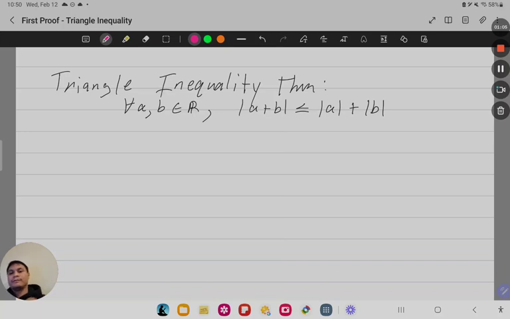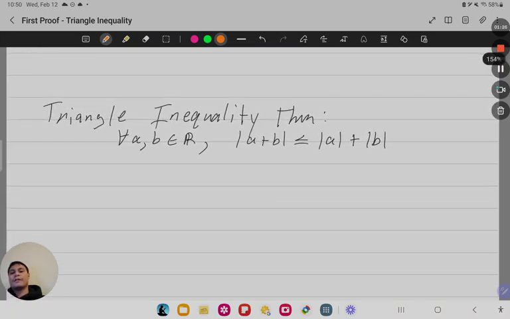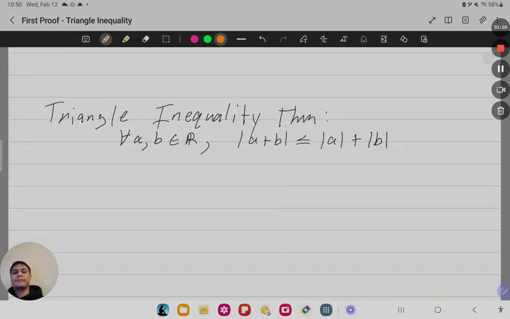In other words, if I traveled an absolute value distance of A, and then I traveled another absolute value distance of B, that's always going to be greater than or equal to the distance between the 2 points had I traveled in just a straight line. And this is the numerical way of saying that.